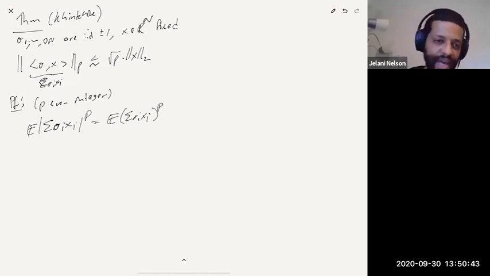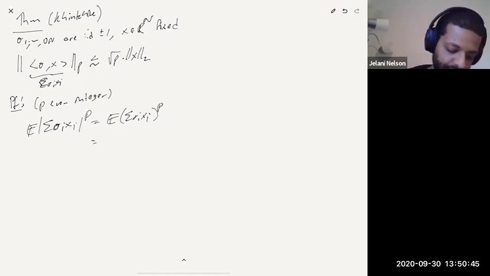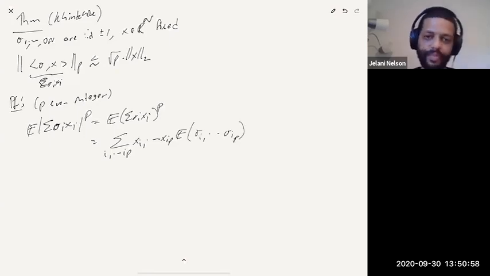Then you can expand this out. This is equal to the sum over i1 up to ip of x i1 up to x ip, times the expectation of the product sigma i1 through sigma ip.